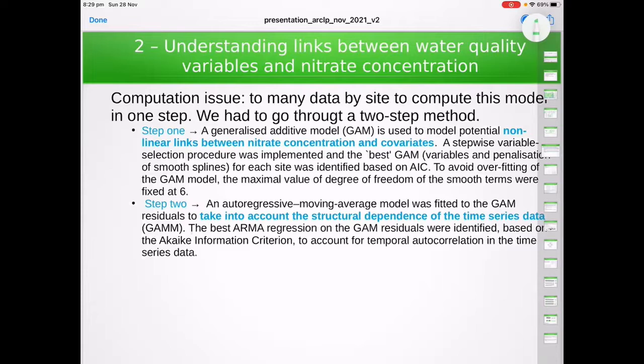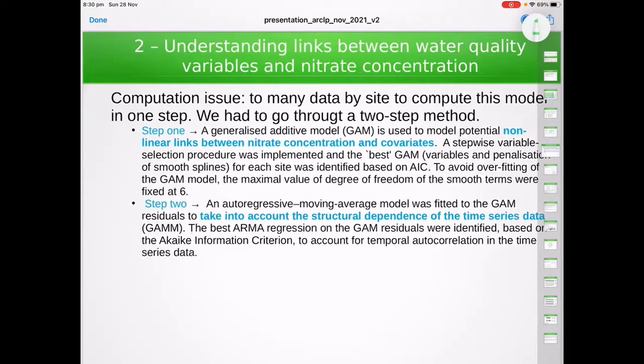So this is a normal GAM. After that, we get the residuals, and on the residuals, the second step is to model the dependency between the data points, because we have data points every 15 minutes.